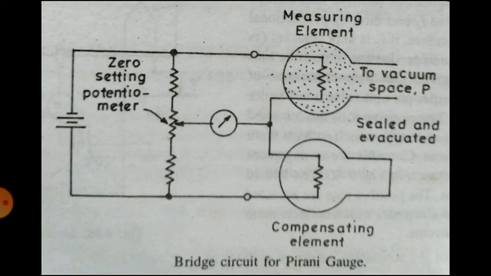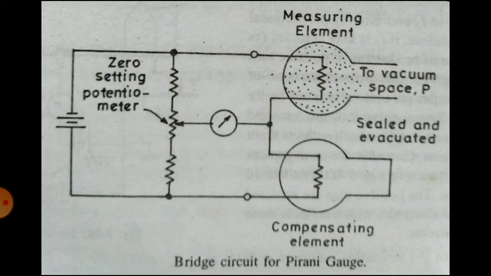Now the current flowing through the measuring element heats it to a temperature depending upon the gas pressure. The electrical resistance of the element changes with temperature, and this resistance change causes bridge unbalance. So when there is a change in temperature, there is a change in resistance, and that change in resistance can be measured by the Wheatstone bridge circuit.